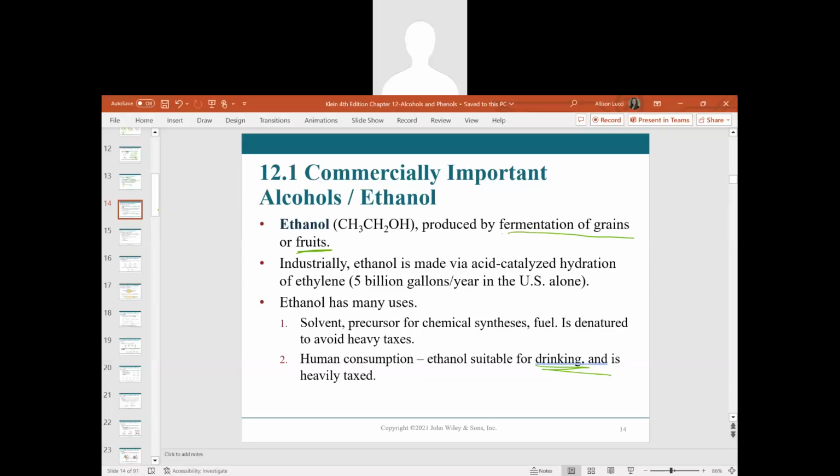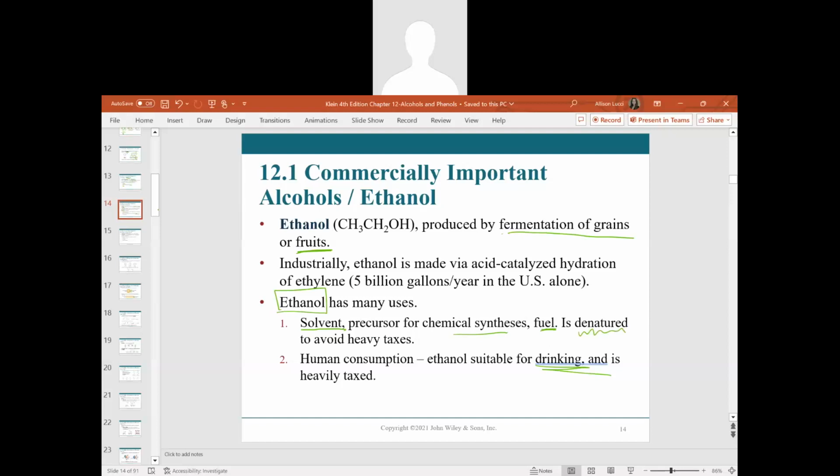And in the industry, ethanol can be used for other reasons, such as solvents, chemical syntheses, or even fuel. You might have seen some ethanol additives to gasoline, for example. And when we use ethanol in other forms than drinking, it's called denatured.